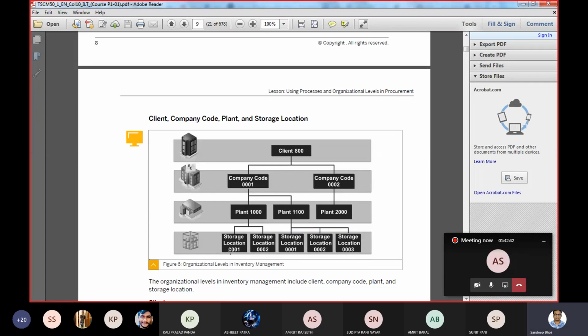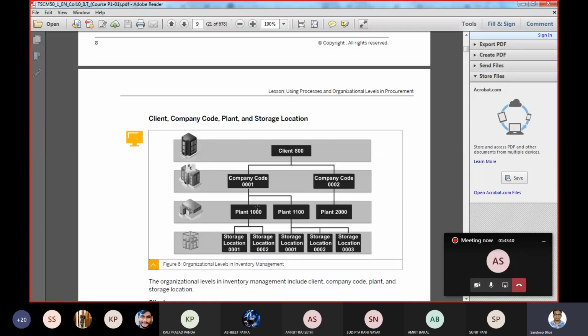You can use that same 0001 for plant 1100, so you can use the same storage location for a different plant, but you cannot use the same 0001 within the same plant, because under the same plant the storage location is unique.